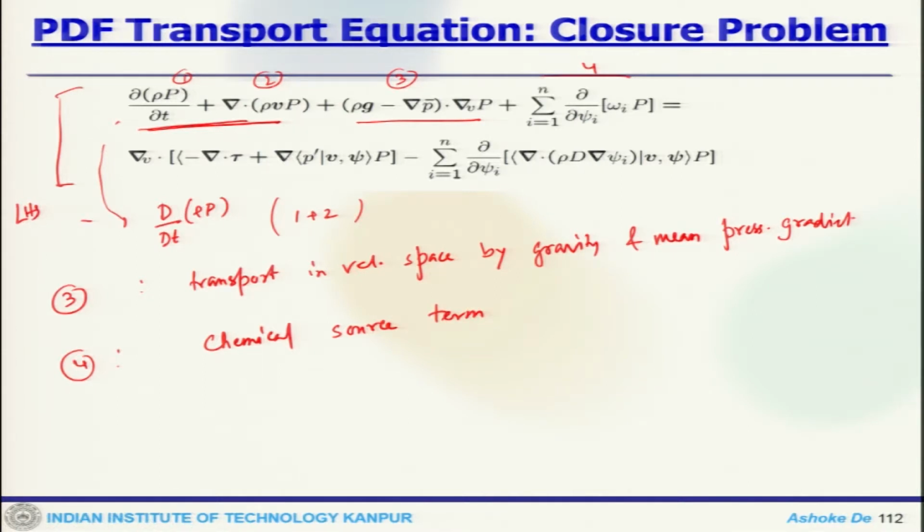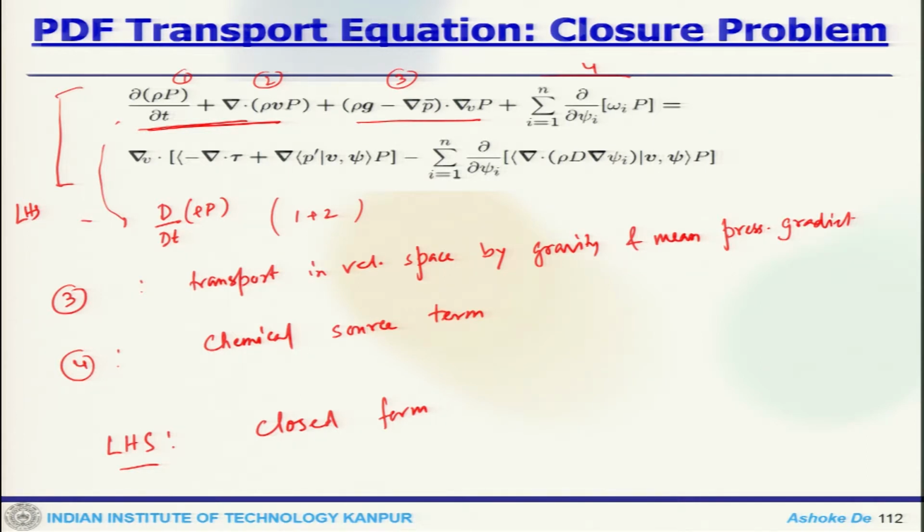Now, if you look at all these terms on the left hand side, they are all in closed form. They are all local in physical space, so on the left hand side there is no unclosed term.